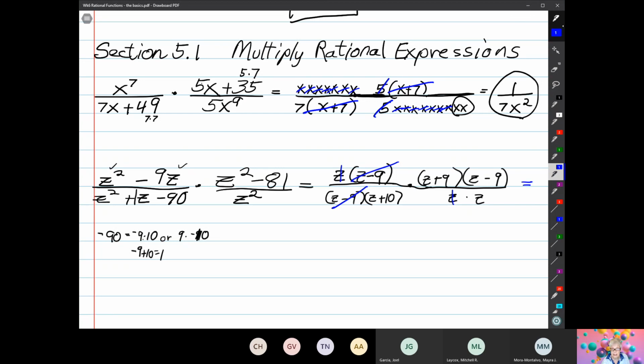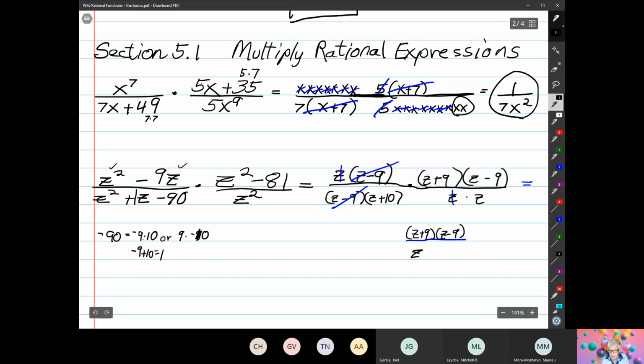So here's what I do now. I have a z plus 9 times z minus 9 that I could not get rid of. Oh well. And I have a z plus 10 times a z. Well, z is shorter than z plus 10, so I'll put that in front.